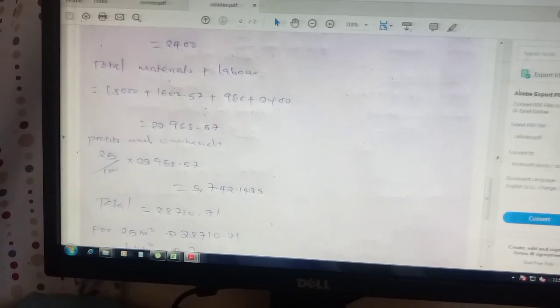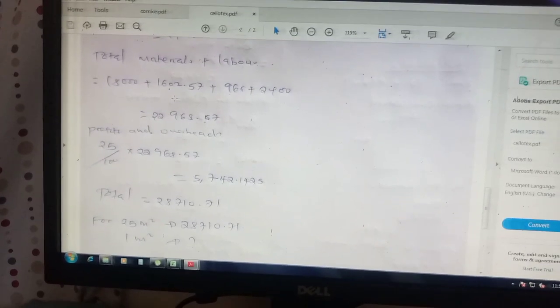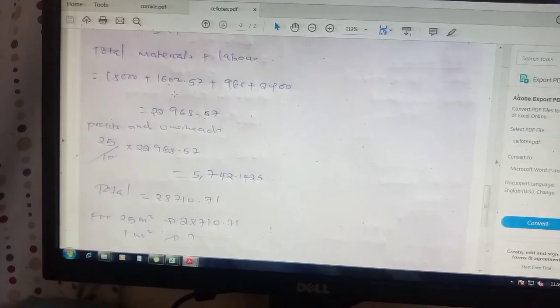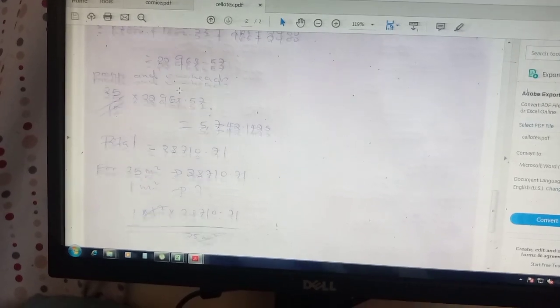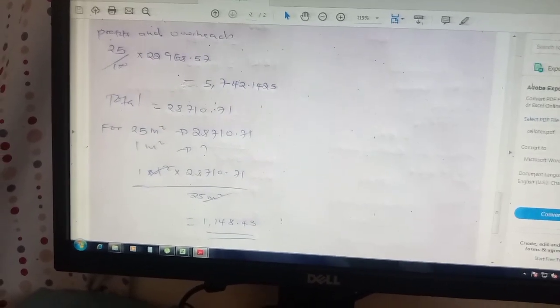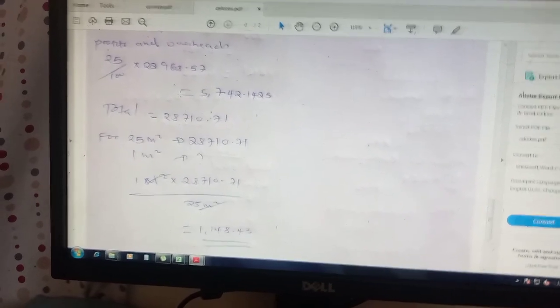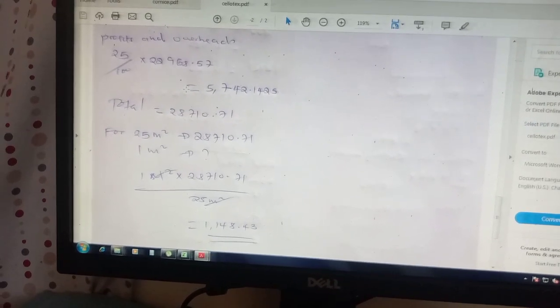Then you get the totals for materials and labor. You'll get 22,968.57. Then you add the profits and overheads, which is 25% of 22,968.57.